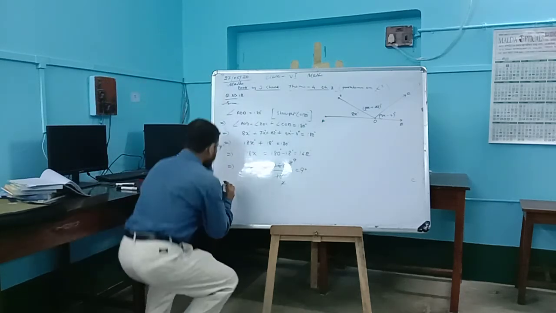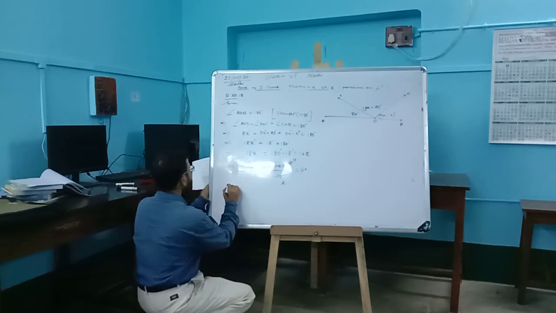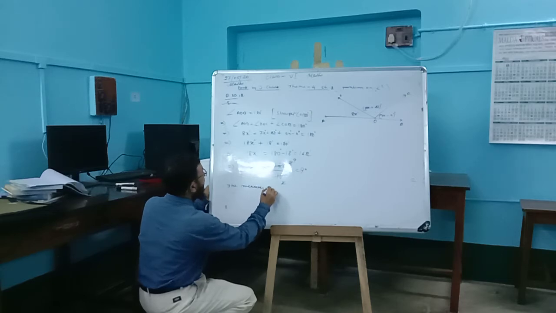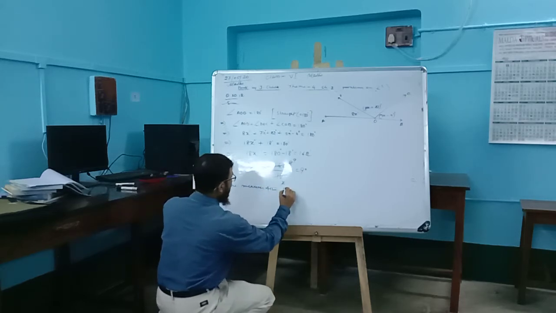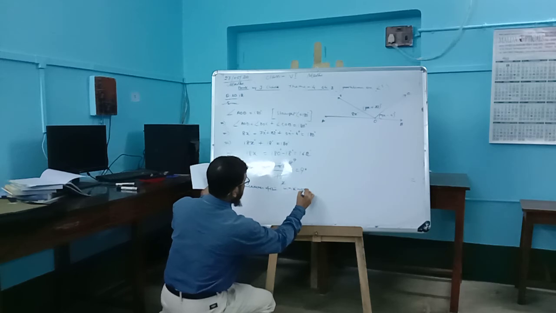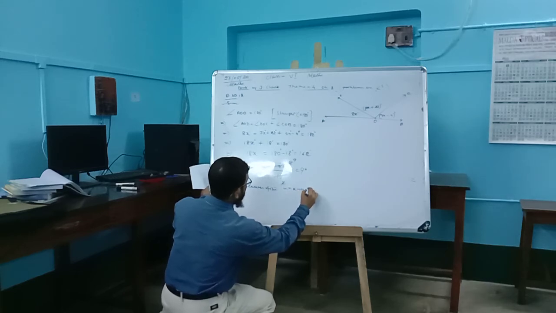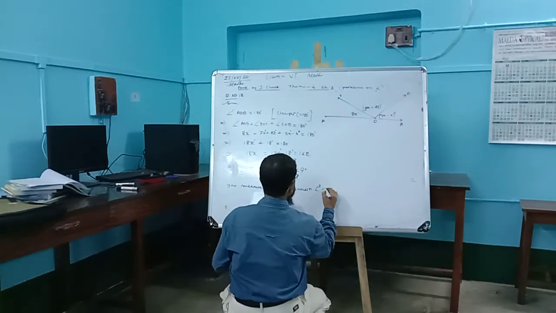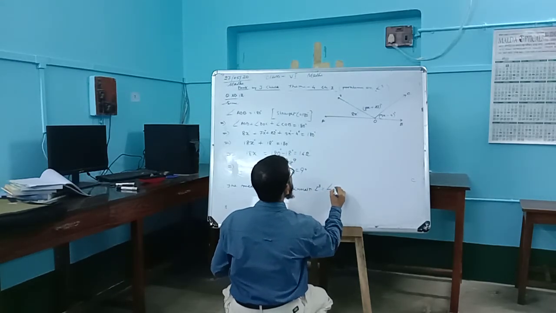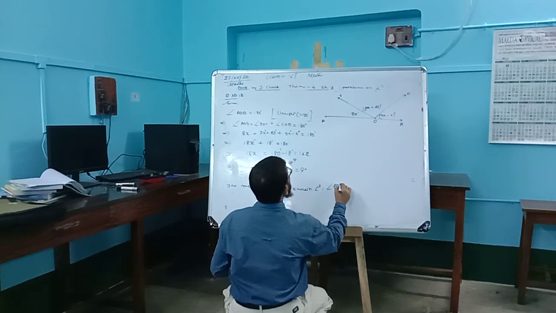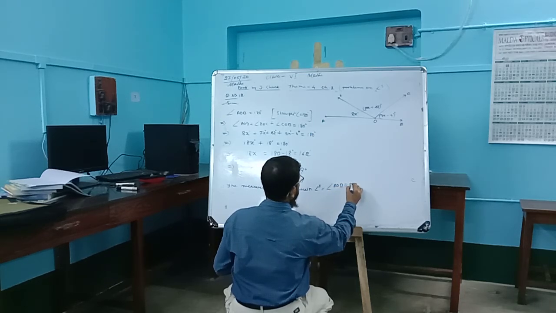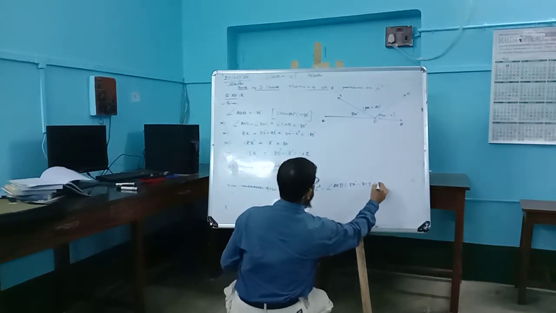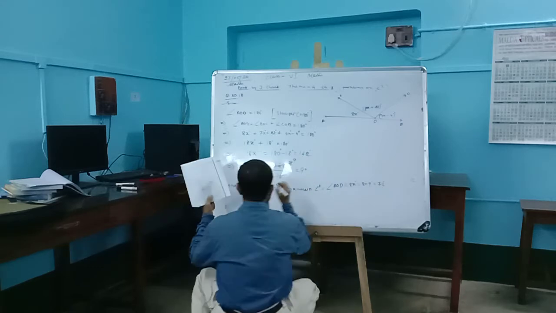Therefore, the measures of the unknown angles: angle AOD equal to 8x degrees equal to 8 times 9 equal to 72 degrees.